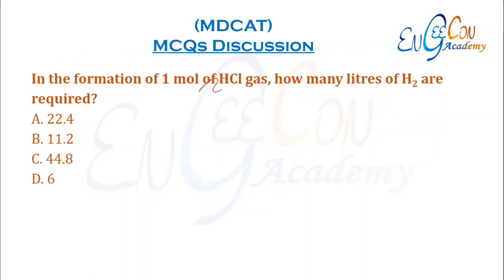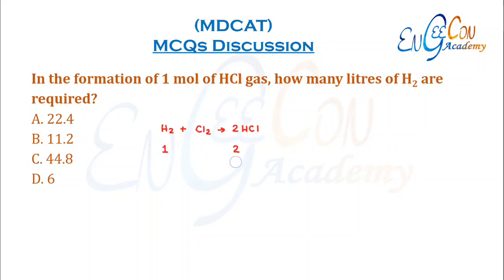In the formation of 1 mole of HCl gas, how many liters of H2 are required? Let's construct a balanced chemical equation. We have H2 plus Cl2 and it gives us 2HCl. According to the balanced chemical equation, 2 moles of HCl are formed by 1 mole of H2.